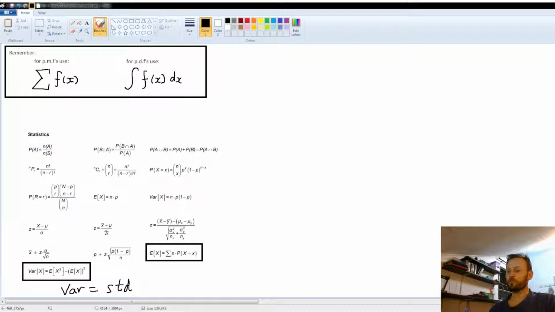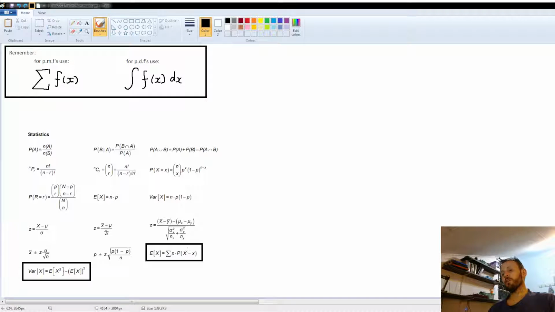It has many different symbols. Sometimes they call it S, sometimes they call it sigma. But the trick is it's the square. The variance is the standard deviation squared. So it's S squared or it's sigma squared. So once you work out the variance, if you're asked to work out the standard deviation, you better take the square root at the end because it's the square of that. That's what variance is.